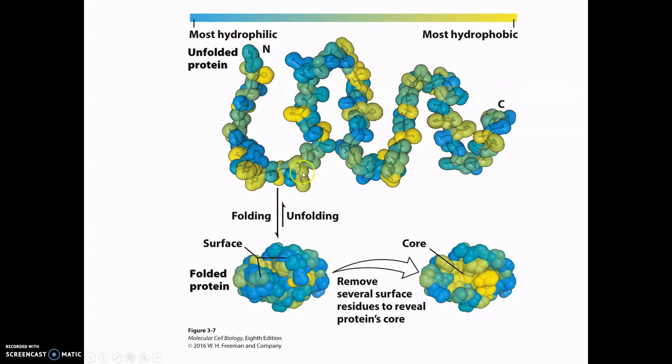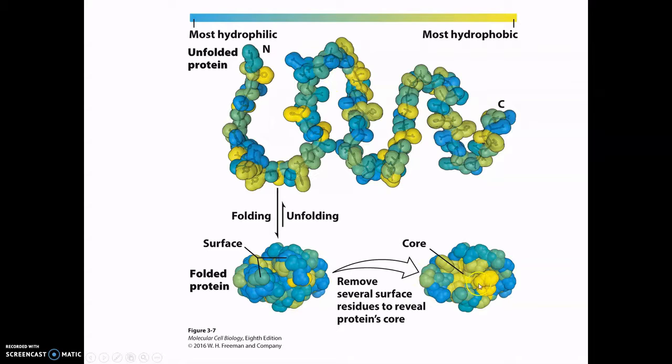So if you have this unfolded noodle of a protein, here hydrophobic is marked as yellow, blue is more hydrophilic. So when we have this existing in an aqueous environment, water is trying to form cages around all of these hydrophobic structures. It's much easier just to force it to hide all of those hydrophobic structures in the center.